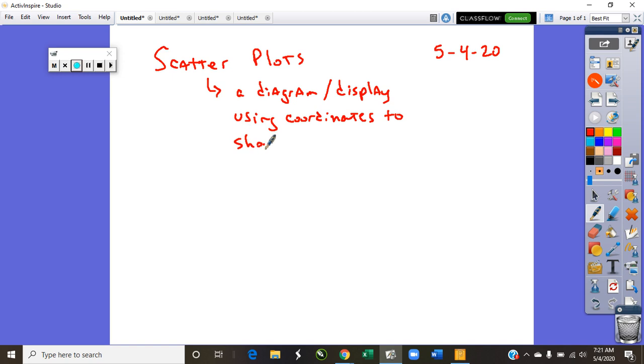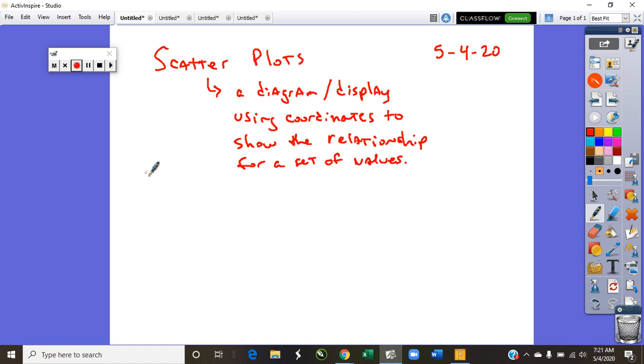Actually, I should say to show the relationship for a set of values. It's basically a way of displaying data.